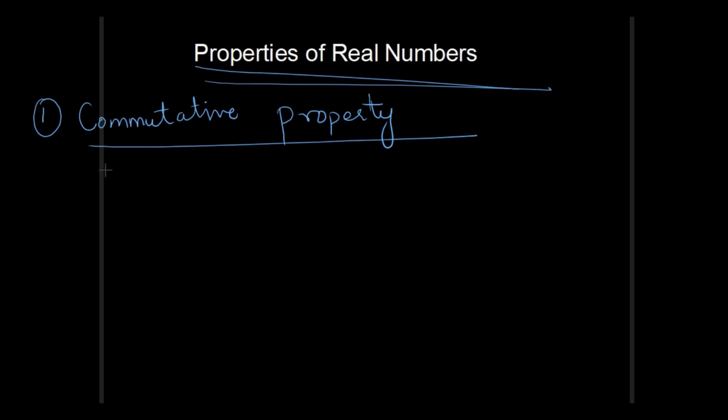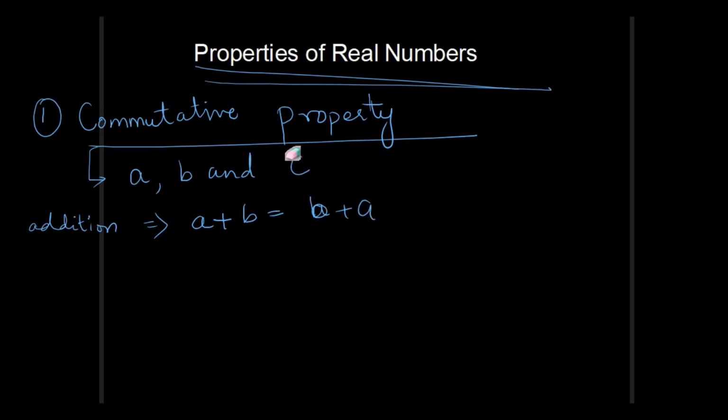Suppose we have real numbers a, b, and c. We are applying the commutative property of addition, so they satisfy a plus b equal to b plus a.